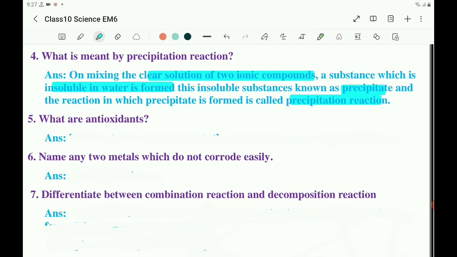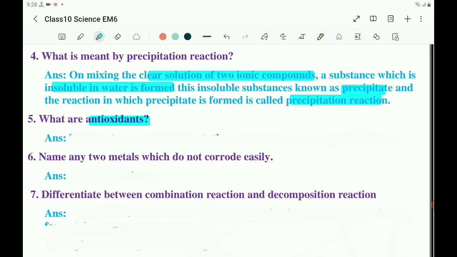Then the next question, what are antioxidants? It is discussed already. Antioxidants are the substances which prevent oxidation. Oxidants and antioxidants, they are the substances which prevent the oxidation.